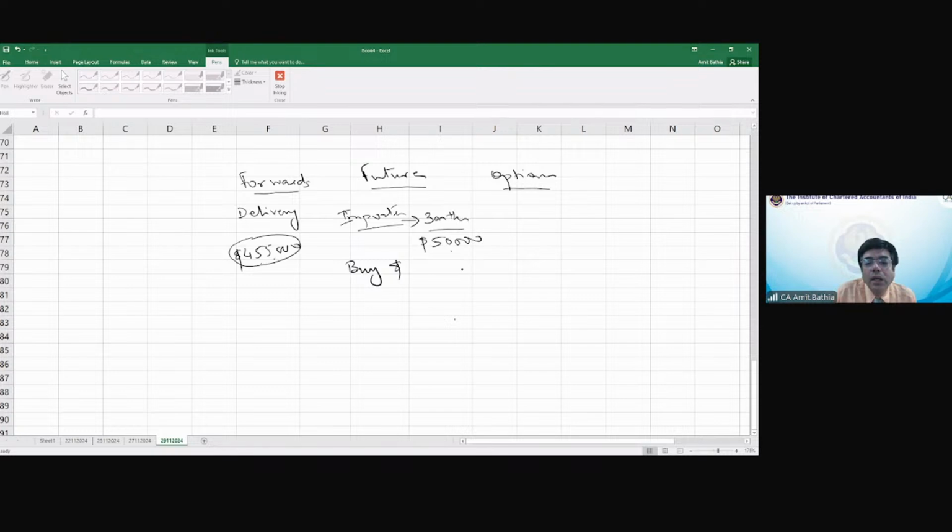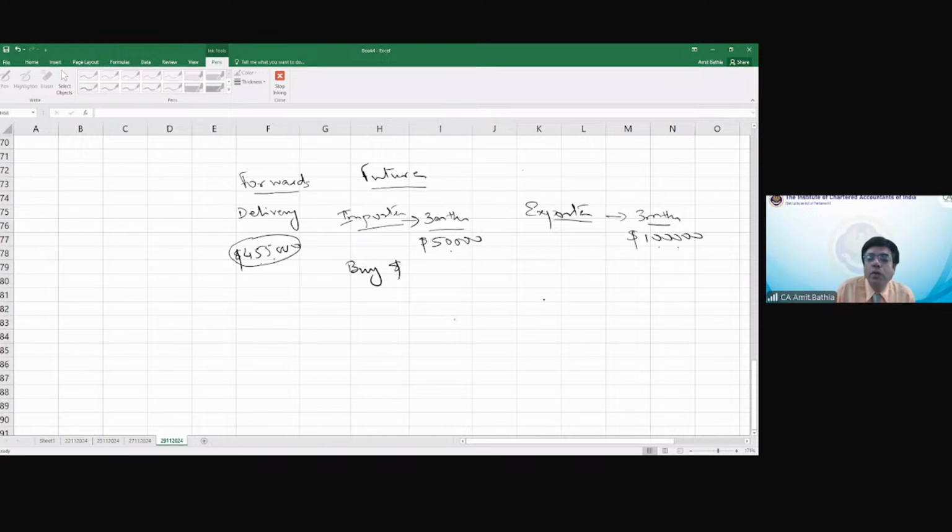On the other hand, if I am an exporter, right, who has to receive after 3 months, I am going to receive, say, for example, $100,000.